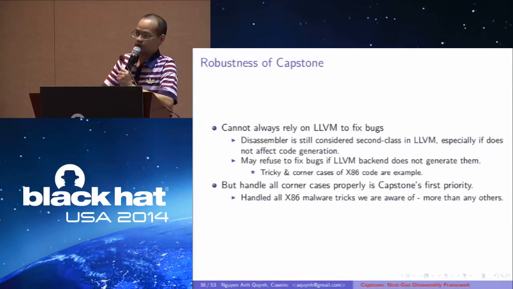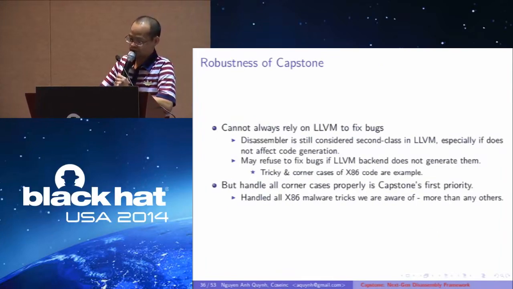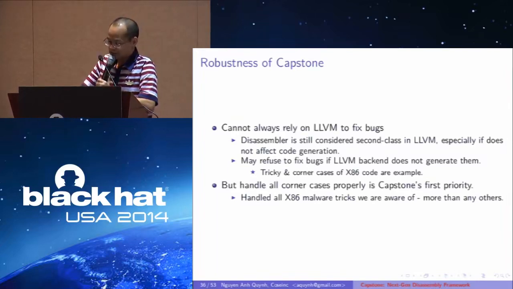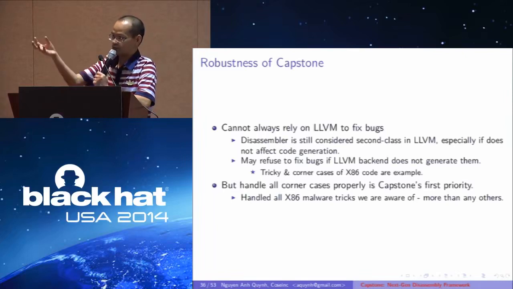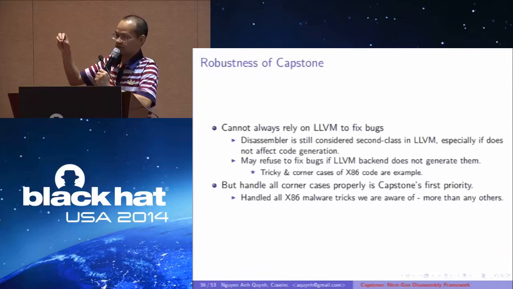Okay, so the bonus of Capstone is that we cannot always rely on LLVM to fix bugs, because the disassembler inside LLVM is still considered second class, and sometimes LLVM developers don't want to fix it. For example, if the code is not generated by the compiler, they don't fix it. So there are some very tricky bugs, tricky instructions that the compiler doesn't produce.